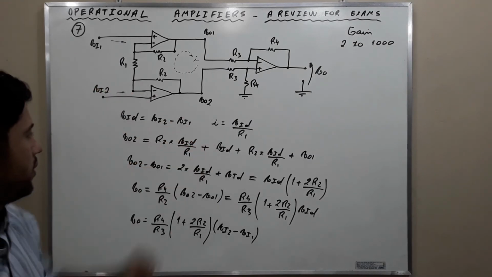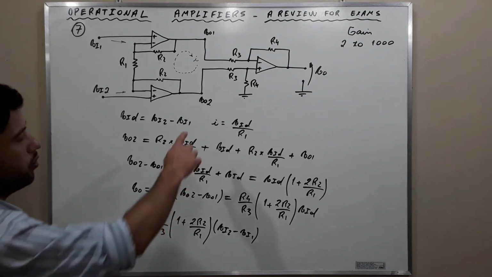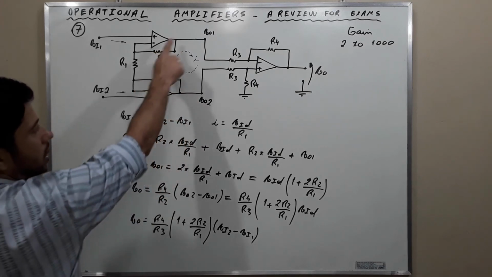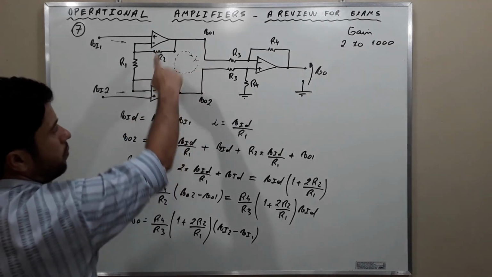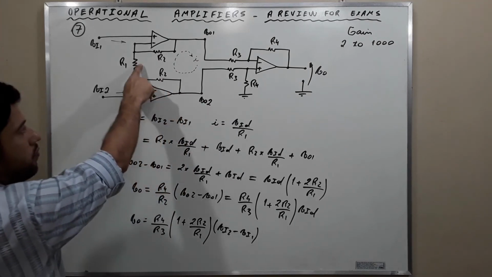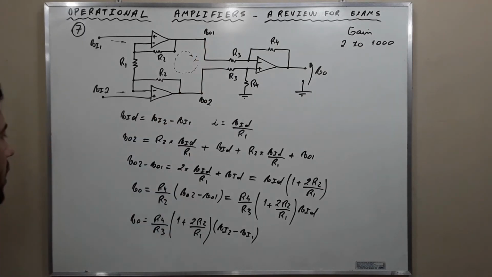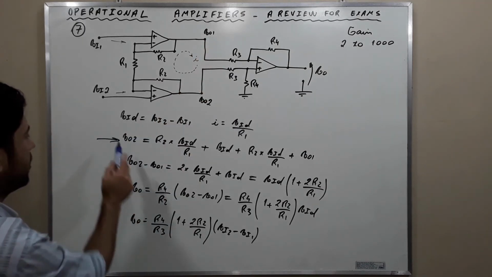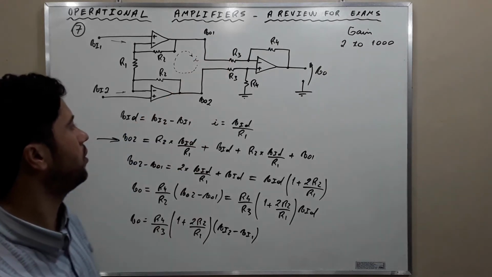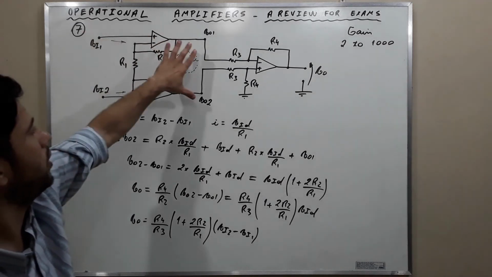And this is the current, okay? And we computed the voltage from here passing along the path of current. VO2 is equal to the voltage drop here, plus the voltage drop here, plus the voltage drop here, plus this voltage here.